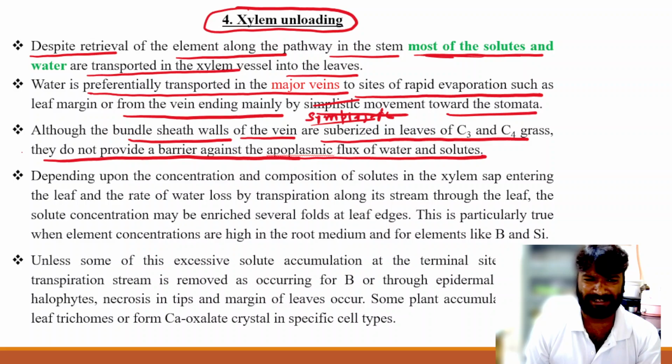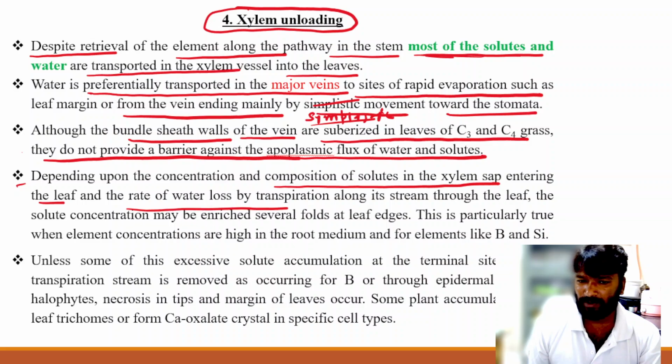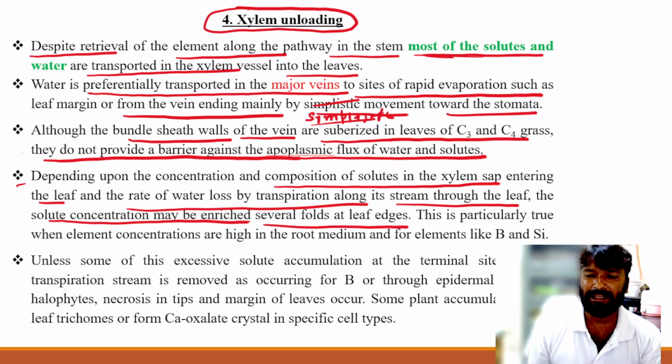They are less so. Depending upon the concentration and composition of solutes in the xylem sap entering the leaf and the rate of water loss by transpiration along its stream through the leaves, the solute concentration may be enriched several fold at the leaf edges, because the nutrients reach there with the water flow.